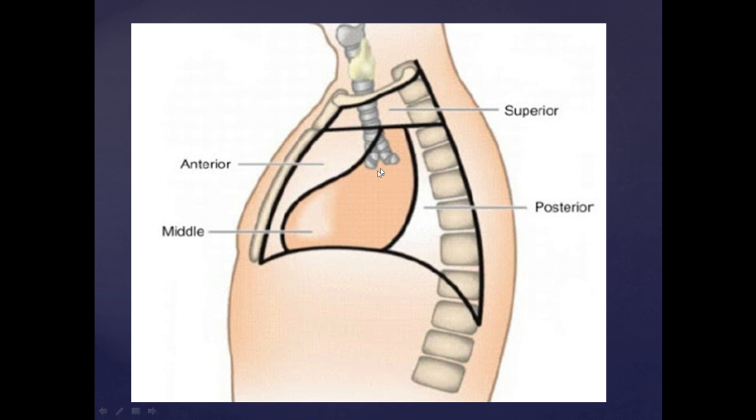Here we have the heart, which is enclosed in its own covering, known as pericardium. The other structures present here are arteries like aorta, pulmonary trunk, and veins like superior vena cava. We'll have a separate lecture for the mediastinum, just to give you a brief introduction.